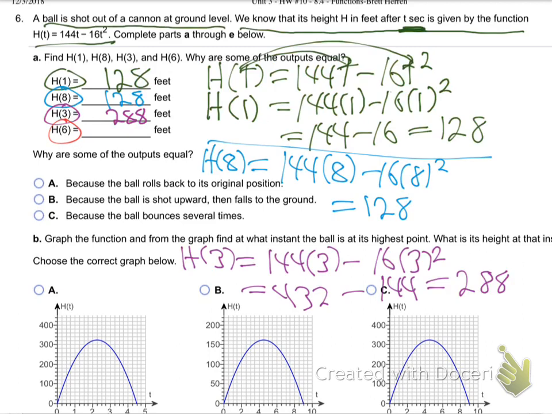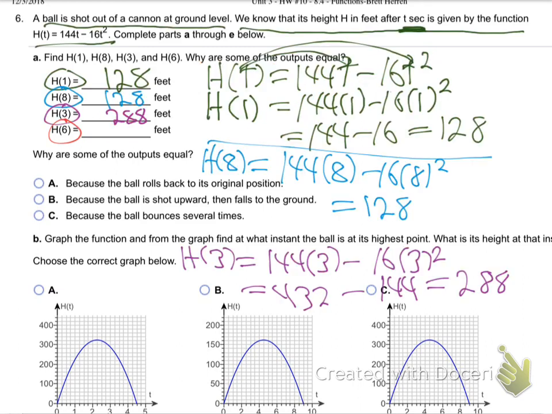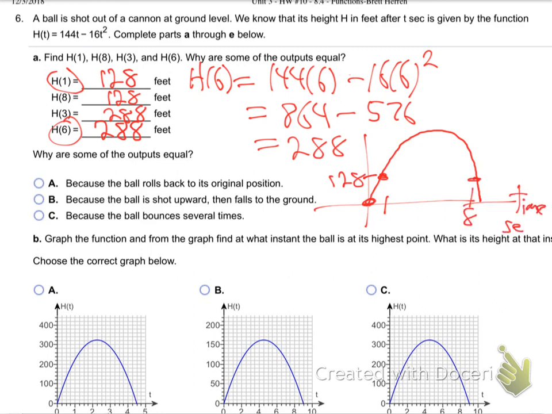All right, so why are some of the outputs equal? Let me go back. What were they? 128, 128. 288, right? Yeah. Why are some of the outputs equal? Well, what's basically happening is we're taking this cannonball and we're shooting it up and it comes down. This is time, t in seconds.